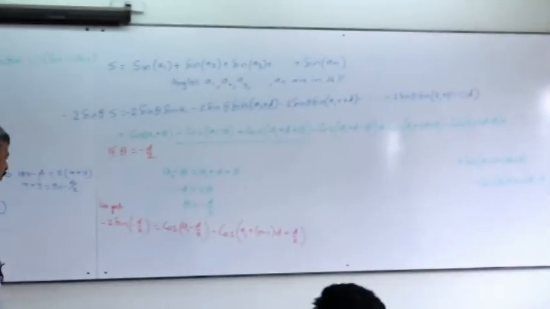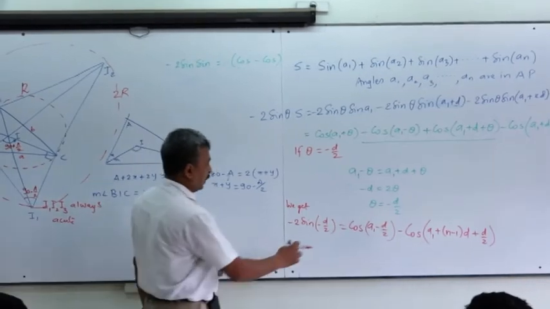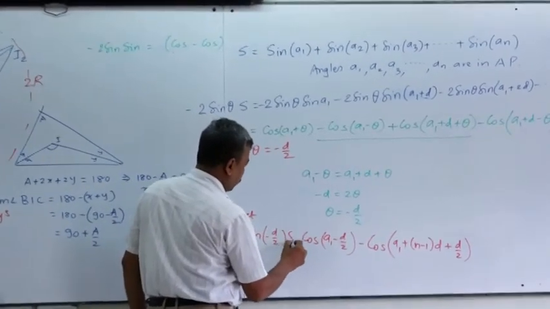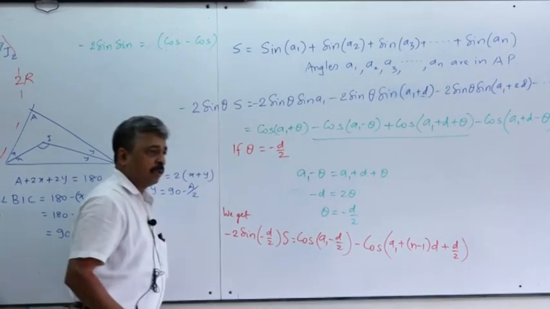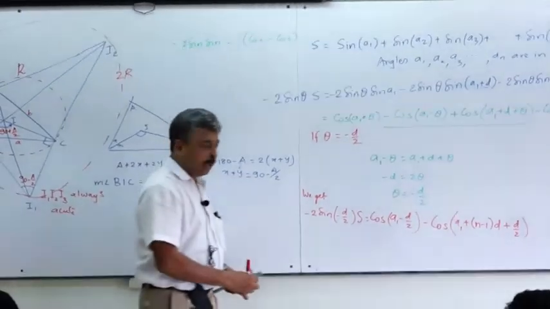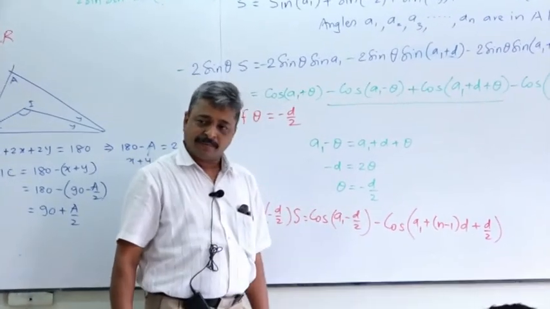Now something is left here, S is missing. We have to write what we are finding out, S is equal to. Is that correct? Now can I apply the formula for cos here?